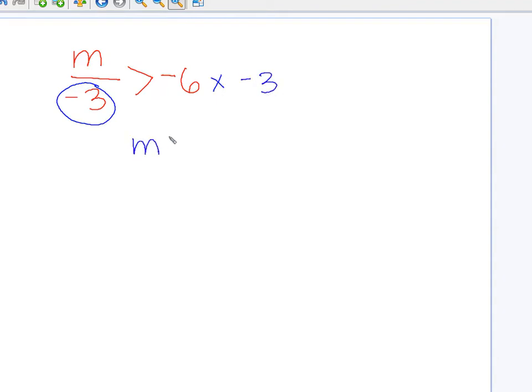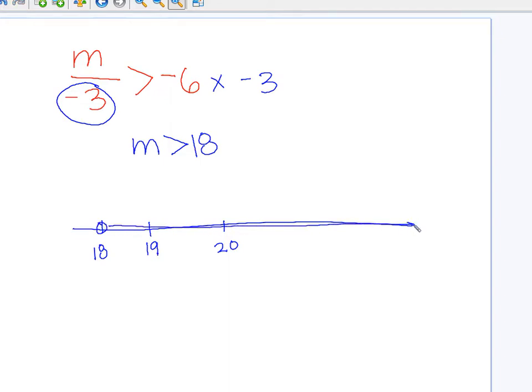So that means M is greater than a positive 18. It means all the numbers I shade should be larger than 18. Open circle because it doesn't have the line underneath. Open circle on 18, and I'm going to shade to the right.